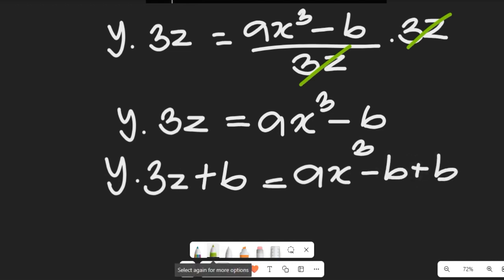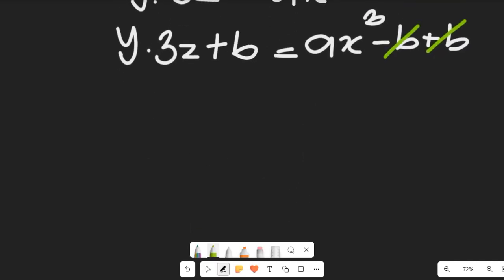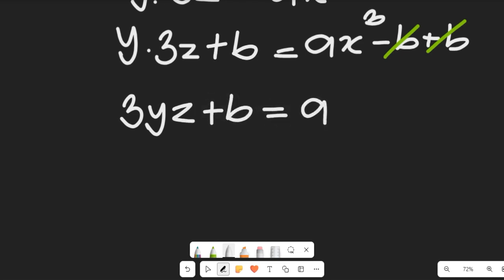Now what this will simply do is b will simply clear b, and I'll be left with ax to the power of 3 on the right side. So this is going to give me 3yz plus b, and this will be equal to ax to the power of 3.